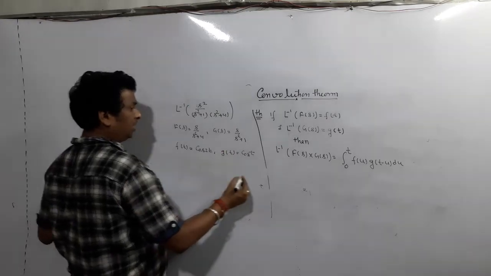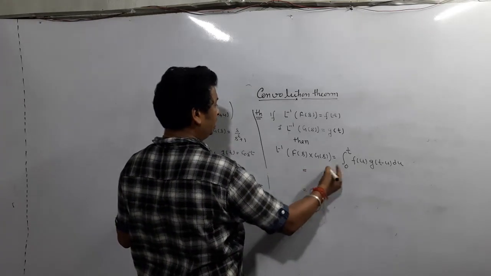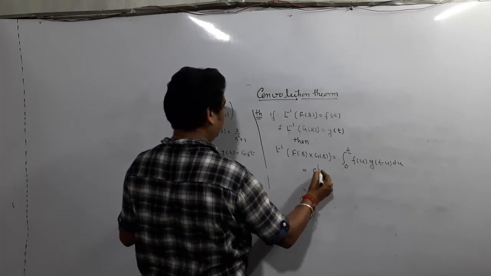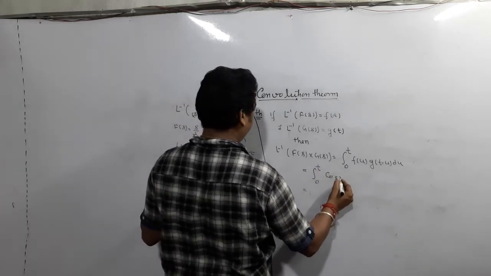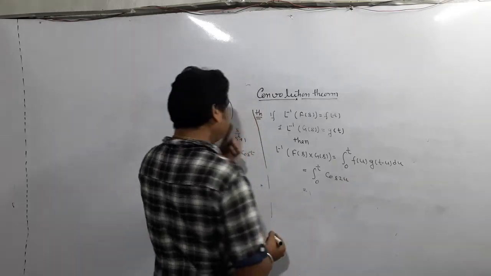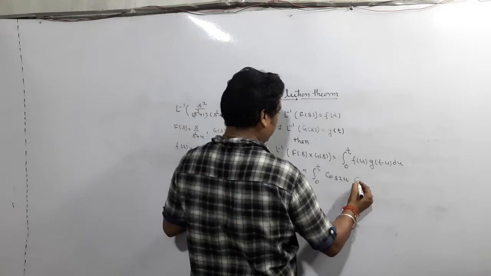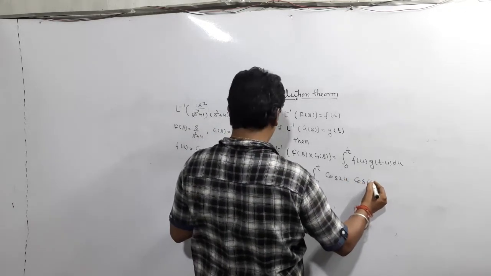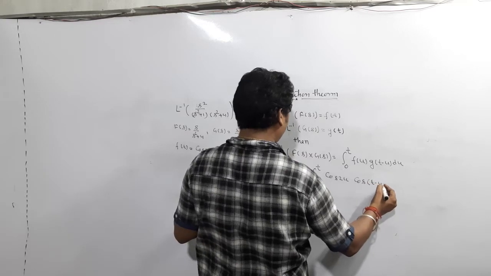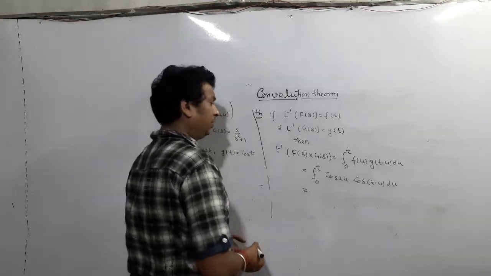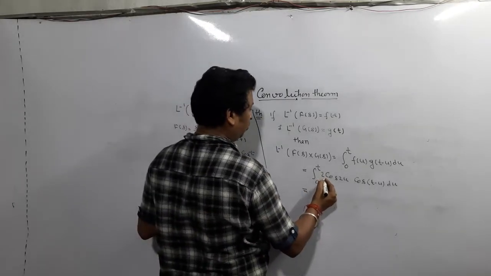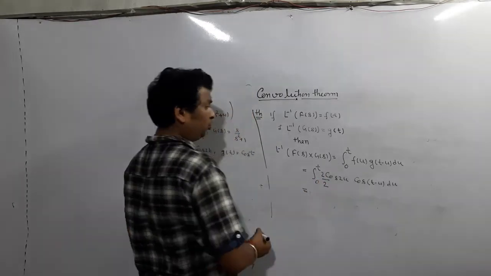So what is Laplace inverse of F(s) into G(s)? 0 to t f(u), and f(u) means cos 2u. And g(t minus u) means cos (t minus u) du. How do we integrate? We know we integrate by multiplying by 2 and dividing by 2.